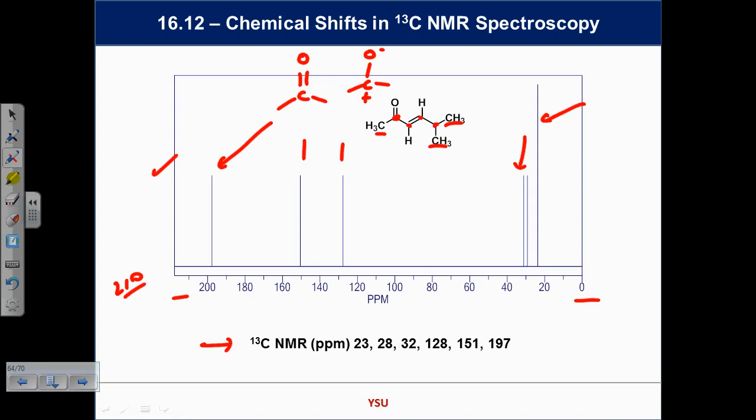And if you think about deshielding being electron density being pulled away, that picture there is about as extreme as it gets. It looks like a resonance stabilized carbocation. So that is very, very deshielded and therefore sent all the way downfield to the left. The way you do this is practice, and if you can do proton, you can do carbon. This is much more straightforward than proton.